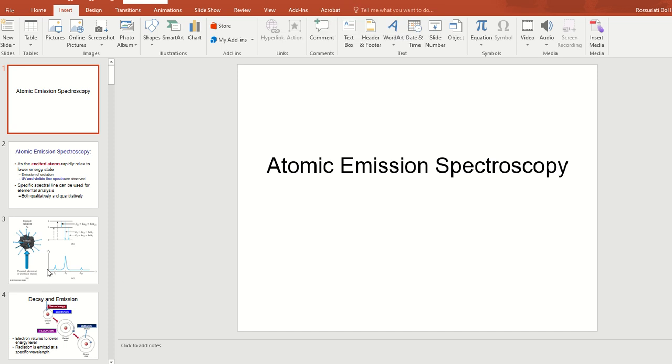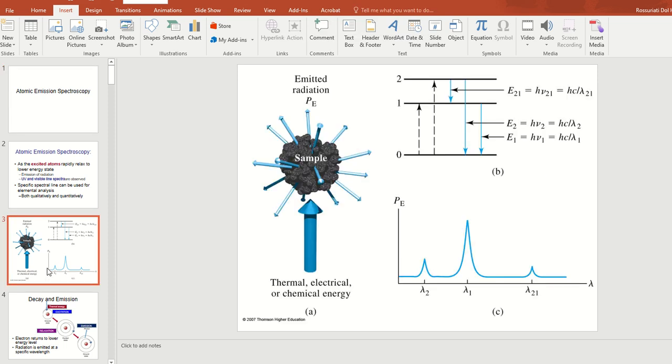If you look at this slide, here we have thermal, electrical and chemical energy. These are examples of ways we can generate or produce electromagnetic radiation.